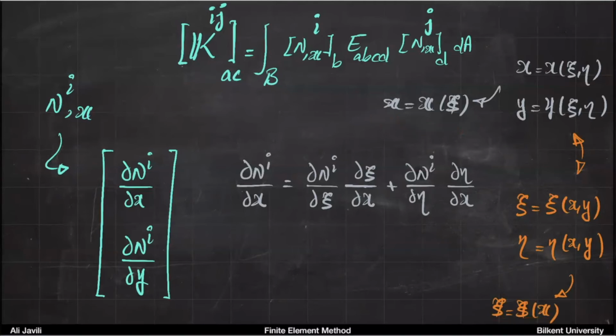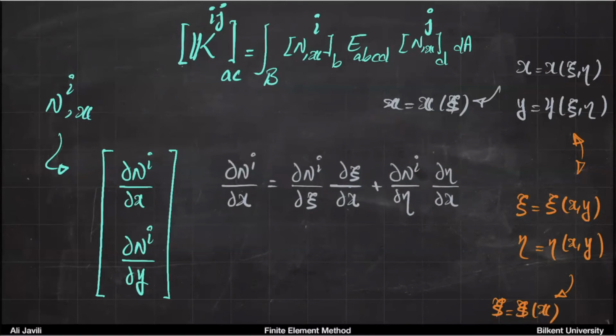It's a one-to-one mapping. It depends how you want to formulate it, right? But here, we know that the N_i that appear here are in the physical coordinate system. I am going from the physical, but then these ones are the ones that we had in our handouts previously, and they are the natural ones.